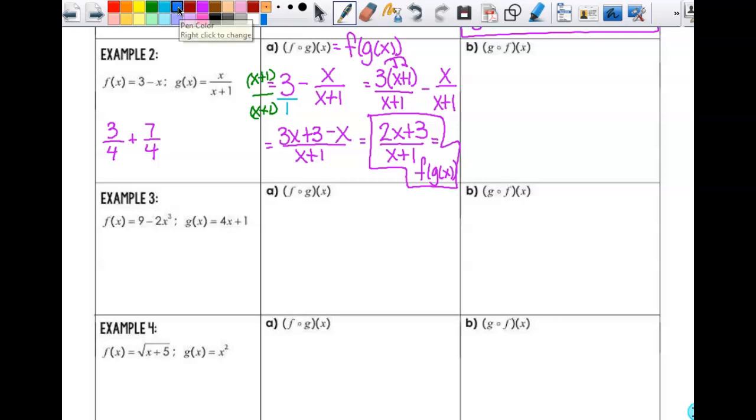All right, so now let's do g of f of x. See if you can go ahead and get that substituted in. g of f of x. You put f of x everywhere you see an x inside of g of x.